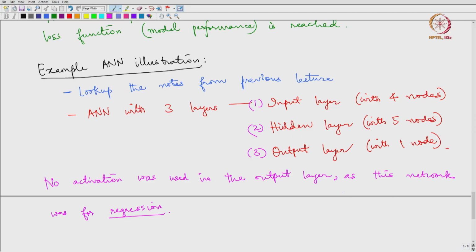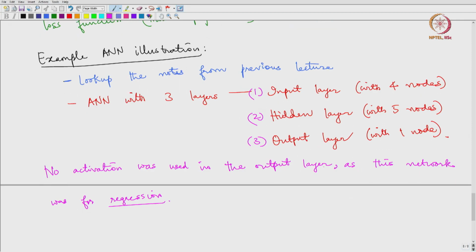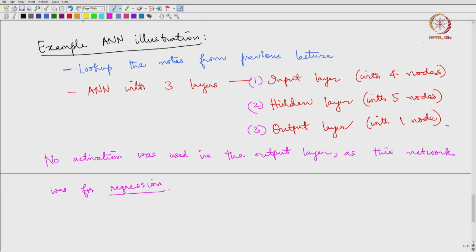There are no restrictions in terms of the numbers lying between 0 and 1 or summing to 1 and so on and so forth. However, of course, activation functions were employed in the first two layers.